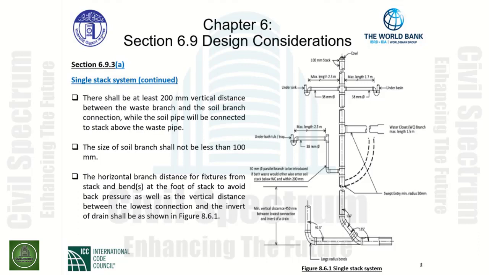As we continue our discussion regarding the single stack system, there shall be at least 200 millimeters vertical distance between the waste branch and the soil branch connection, while the soil pipe will be connected to the stack above the waste pipe.